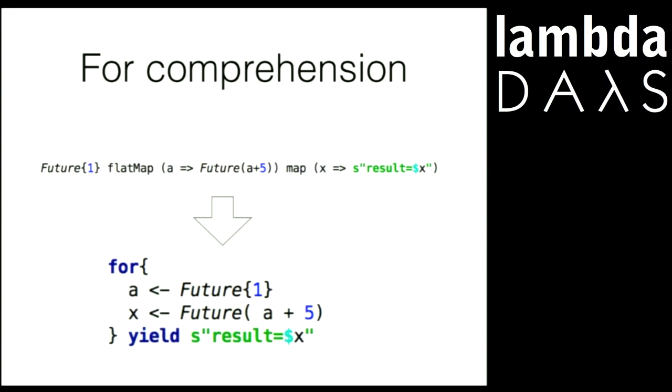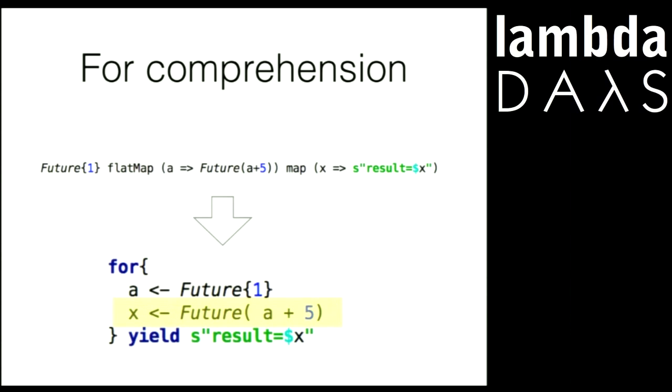So how does the for comprehension work? It takes the value contained by some sort of container. In our case, it's a future, and extracts it and sets the variable on the left. So what's going to happen is, future of 1. It's going to extract 1 and set the temporary variable a to 1.